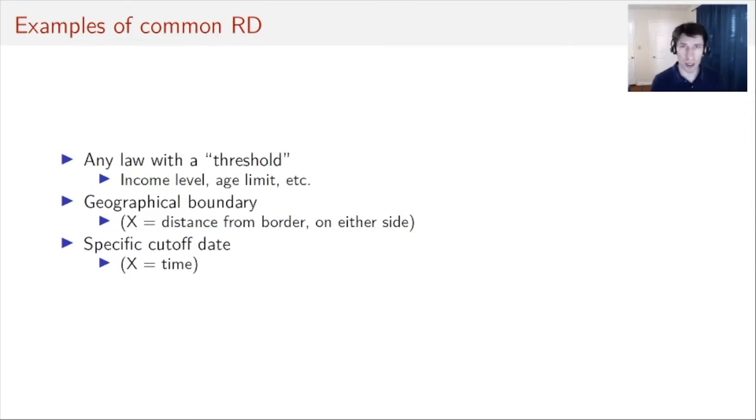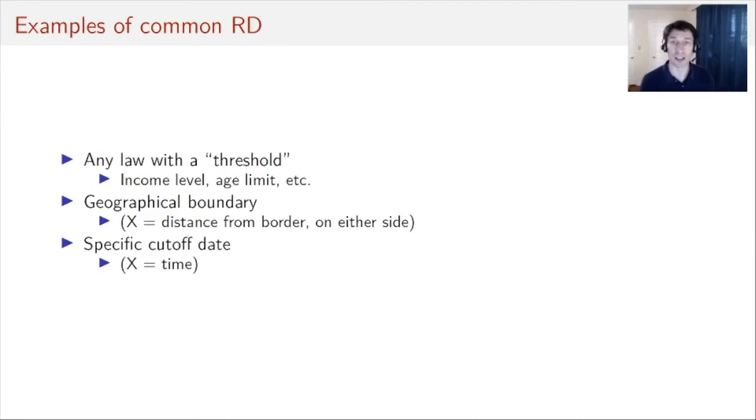Geographical boundaries as well can lead to good regression discontinuity designs, where x, your assignment variable, tends to be the distance from the border where something happens, like a change in the law. The same goes for cutoff dates. If an event happened at a given date, x is time and will define the distance from the cutoff date.